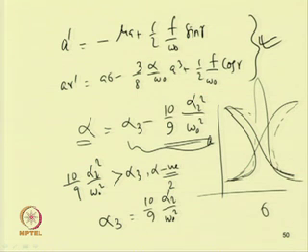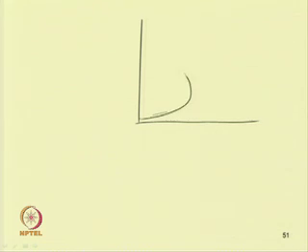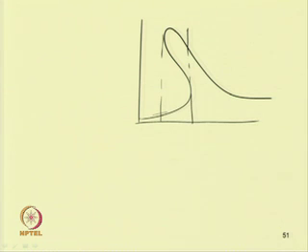So, in this case, let us take a particular case. We have 3 zones, already this part has been discussed. This is A versus sigma.